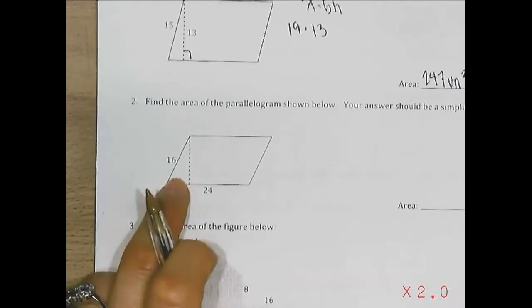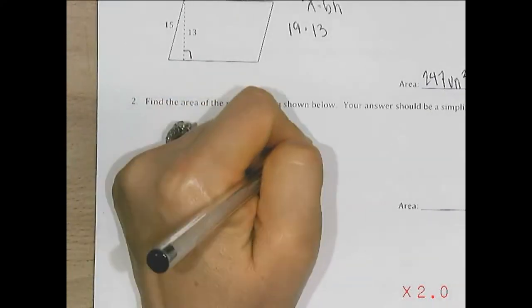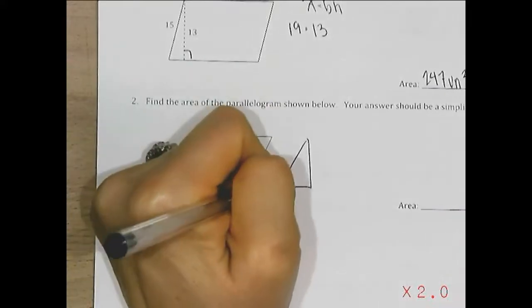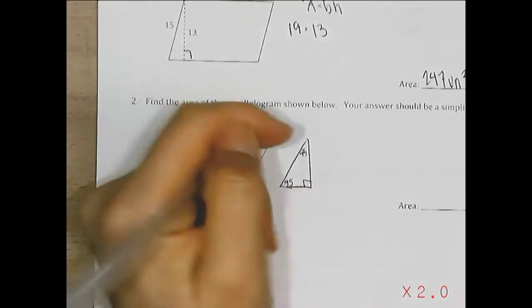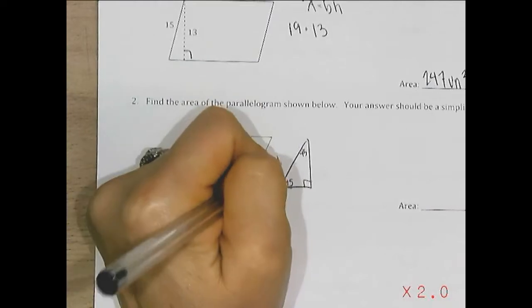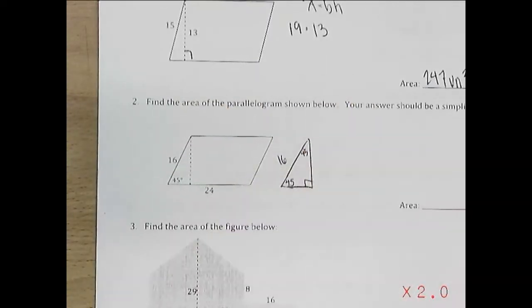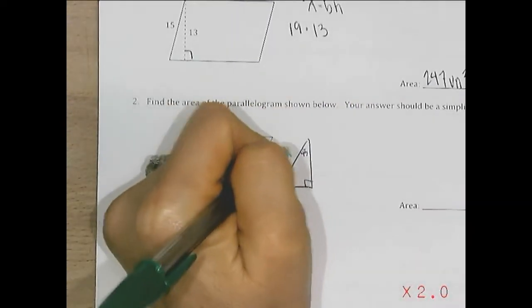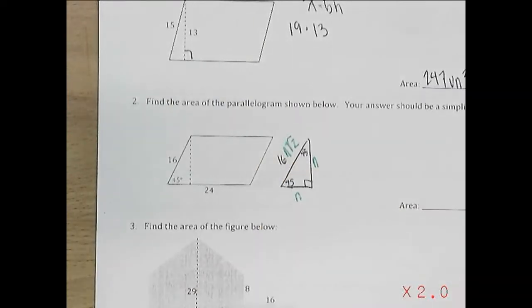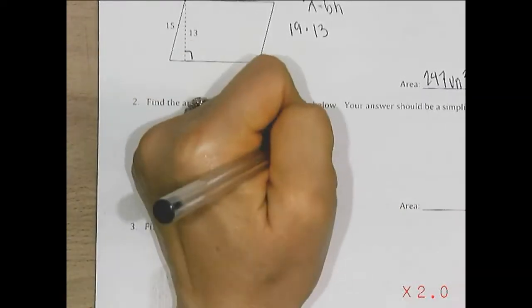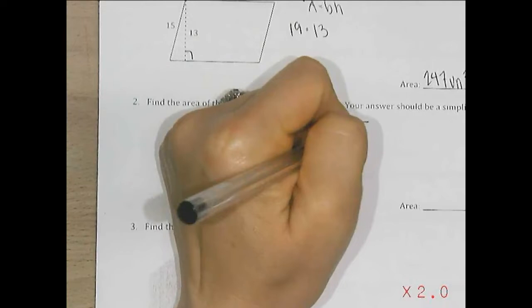All right, then it asks me to find the area of the parallelogram. Well, what I need to think of is that I have a right triangle, right? And I know that this is 45, I know this is 90, and I know this is 45. So I know this side right here is 16, and then I also know my other sides. This is n rad 2, this is n, and this is n. I need my n right here. So I'm going to take that 16 and set it equal to n rad 2.